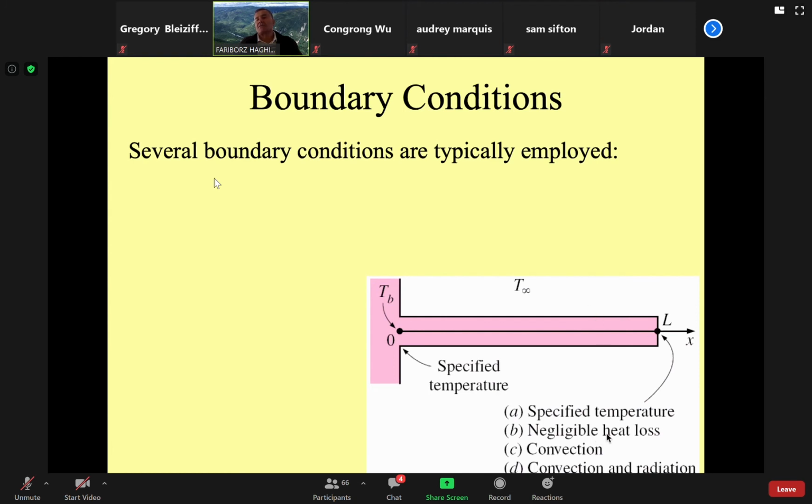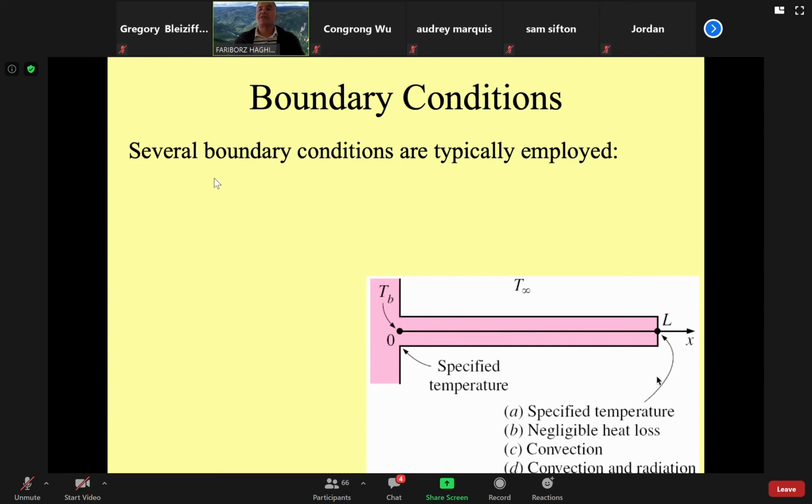We can assume negligible heat loss from here. We can assume a scenario where heat loss is almost 0. And that could be the case where you have a fin between two surfaces. One surface is here, as in the usual design of a heat exchanger, and you have another surface here, T0 here. Therefore, we can assume this is the scenario.